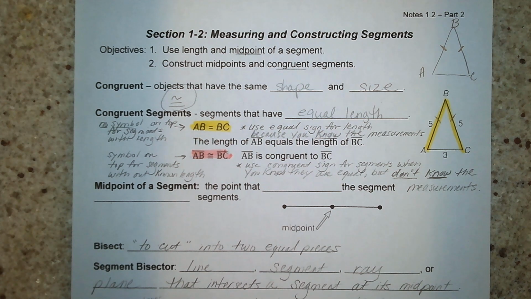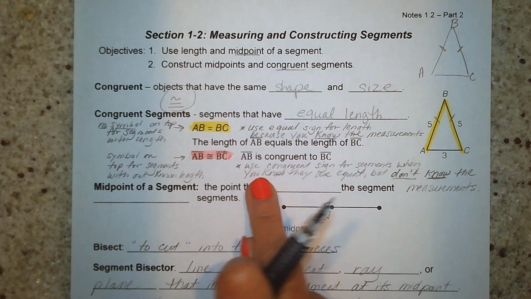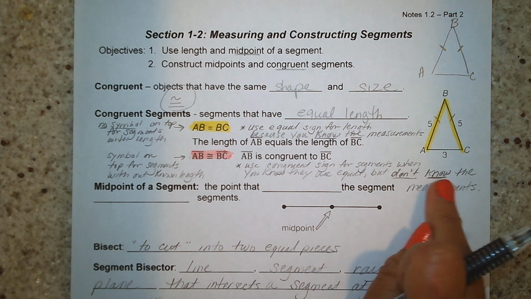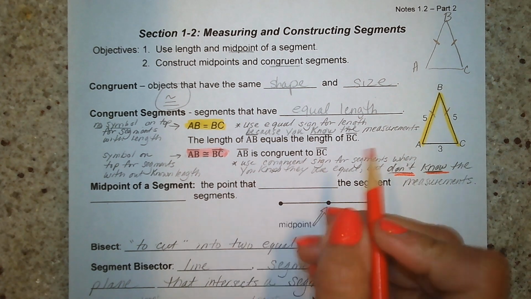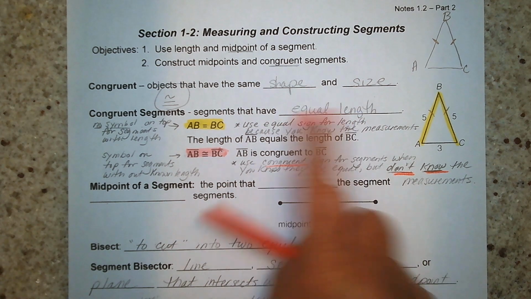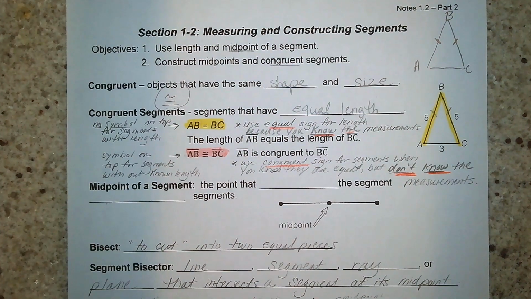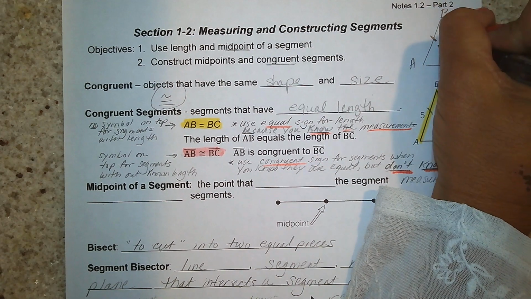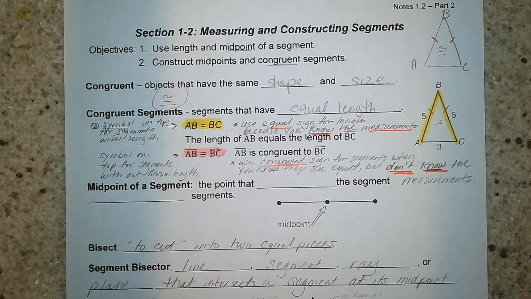Segment AB is congruent to segment BC there. Whenever you don't know the measurements, that's when you use the congruent sign. When you know the actual measurements, that's when you use the equal sign. So up in this particular case, we would say that AB is congruent to BC, and down here, we would say they're equal because we know the measurements.